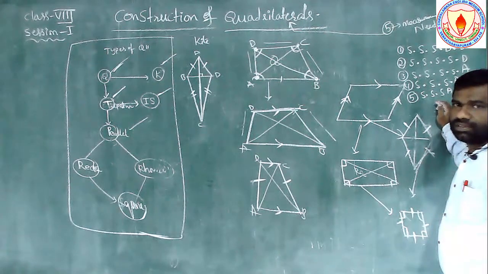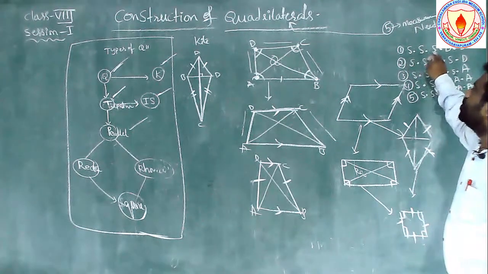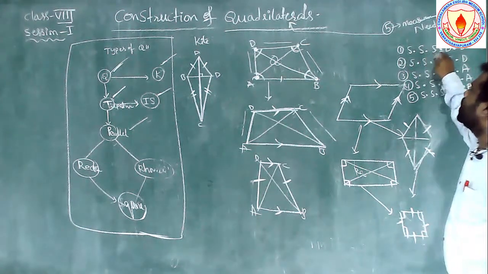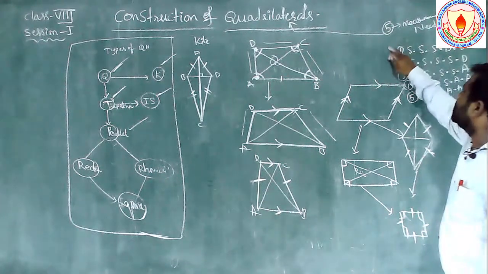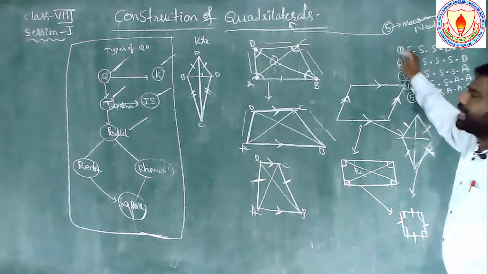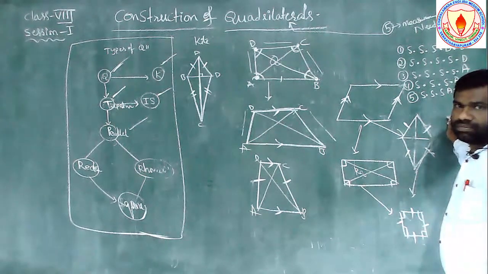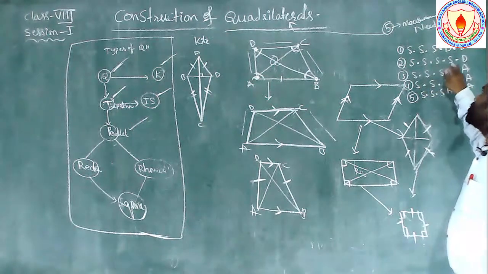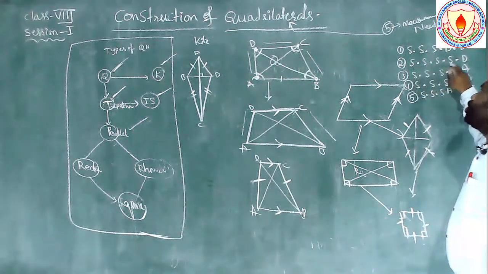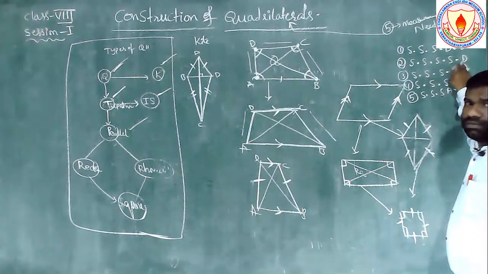See once again: 3 sides and 2 diagonals will be given. By using these 5 measurements, we can construct the quadrilateral. Next, second one: 4 sides and one diagonal.